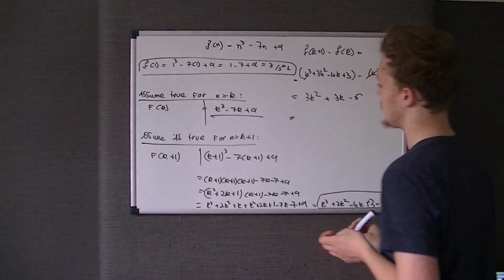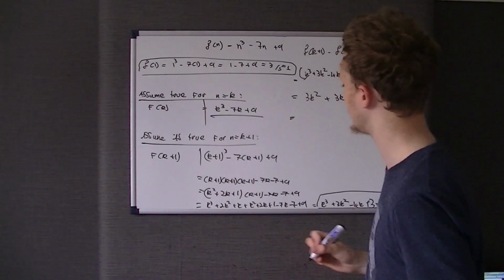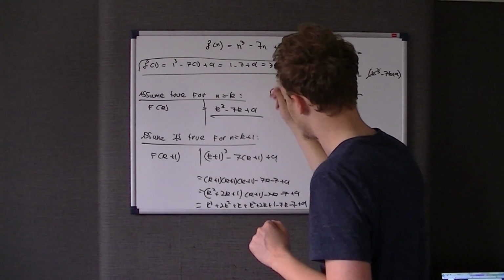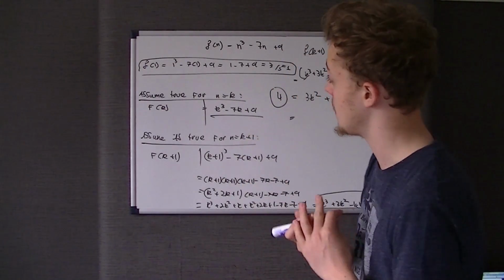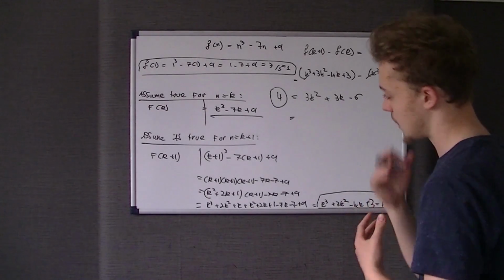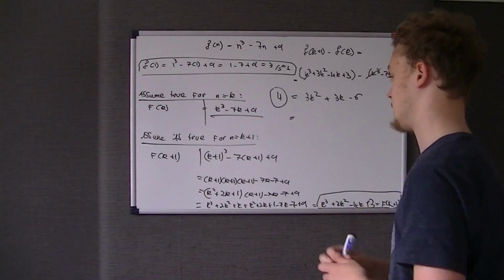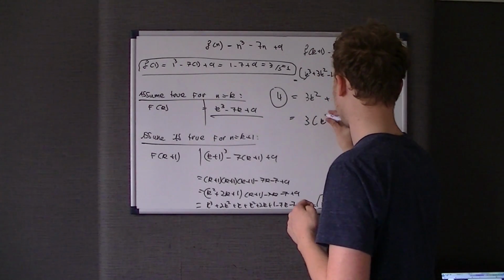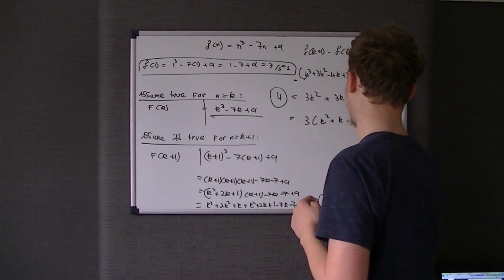That was a fourth step, getting to that stage, as in the last video for integer powers. The next step is factorising this, taking 3 out as a common factor, so 3 times k squared plus k take 3.